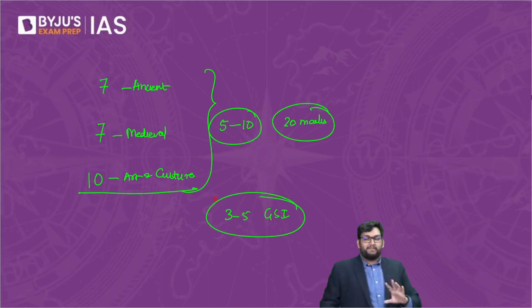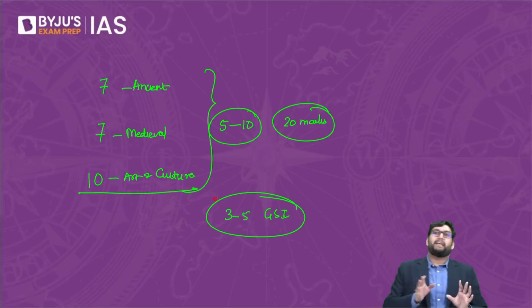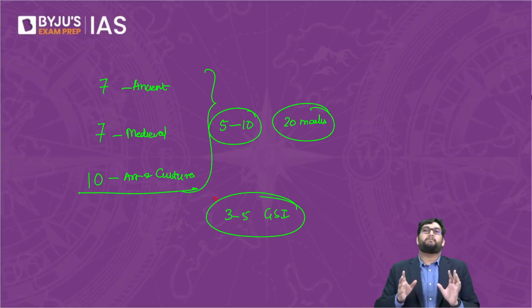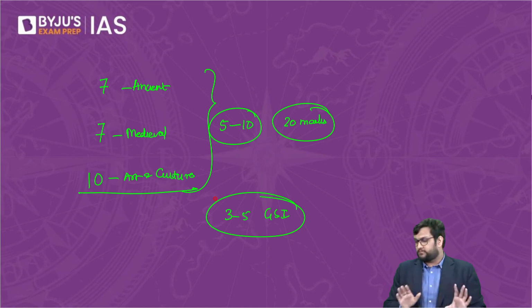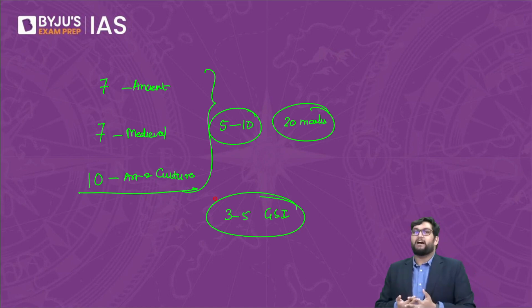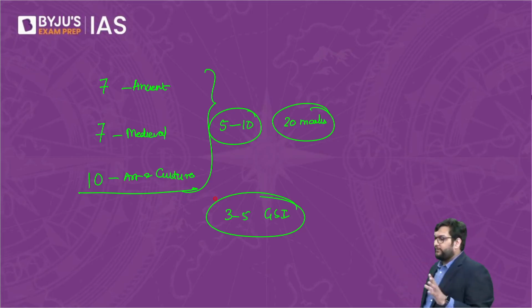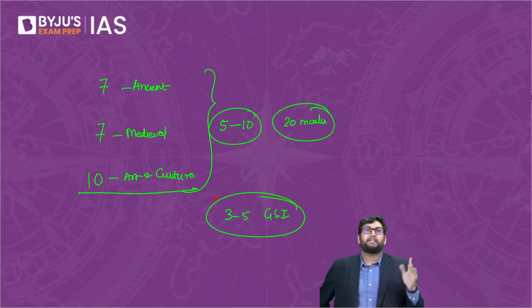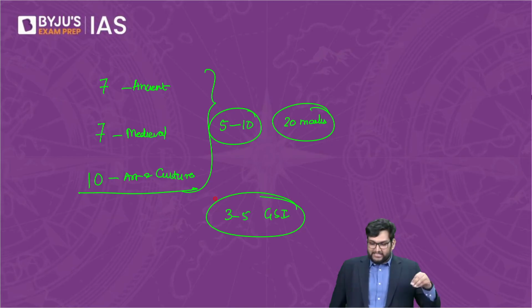So one thing is very clear: nobody has cleared this examination without attempting ancient medieval art and culture questions in prelims. And nobody has for sure cleared this examination without doing the 3 to 5 questions out of that in art and culture. So please be very, very clear.